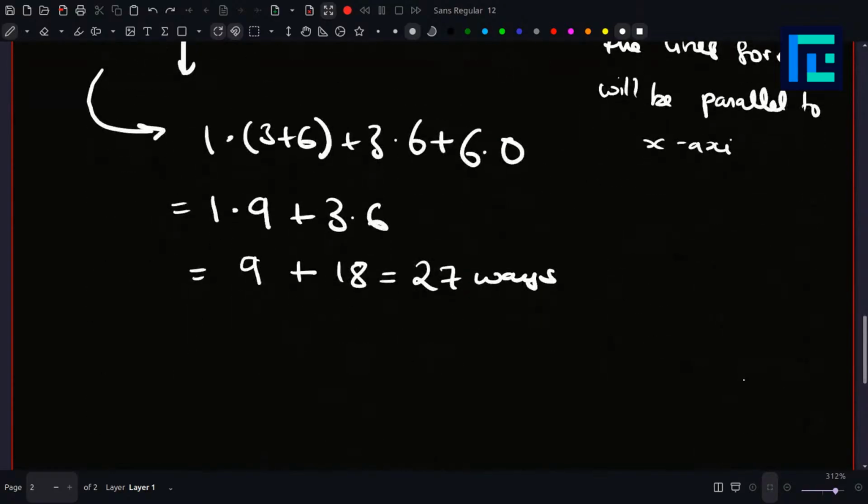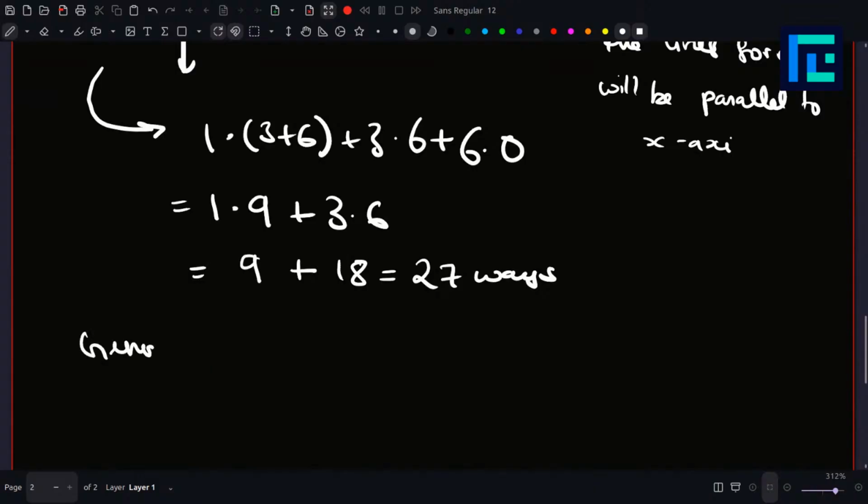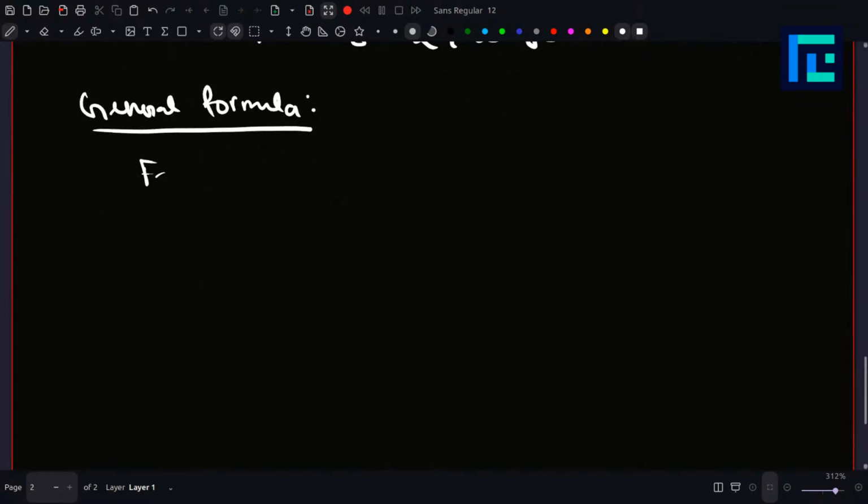So what will be a general formula? General formula for each y group, or same value of y coordinate, that's what that means.